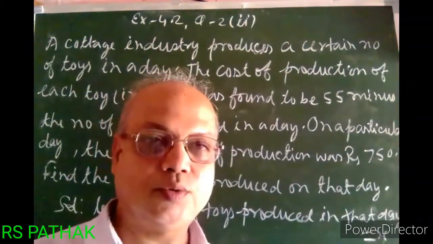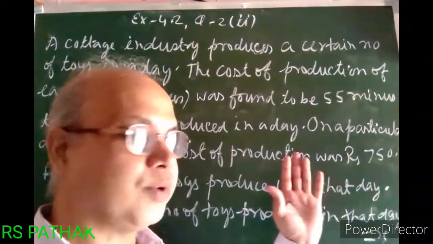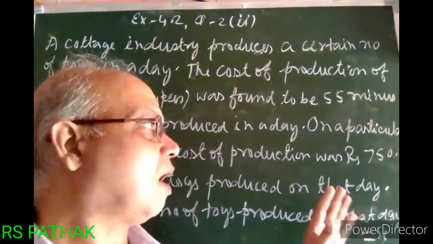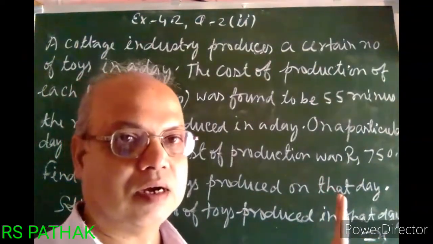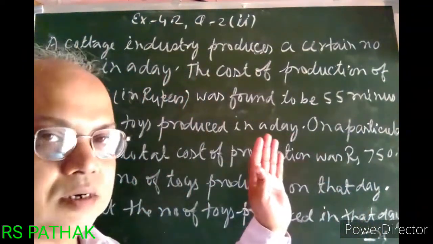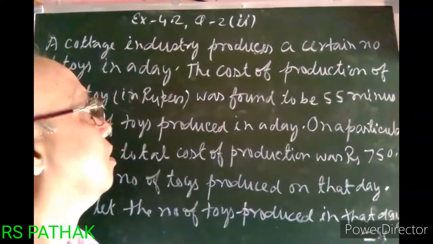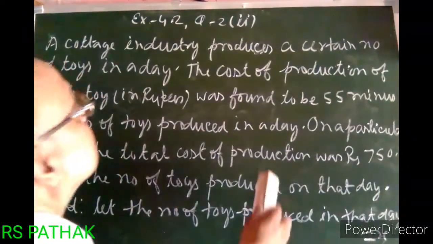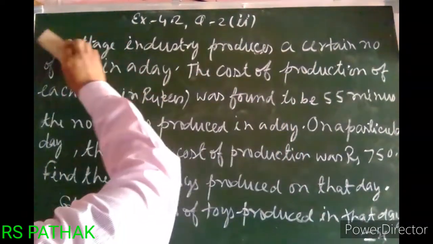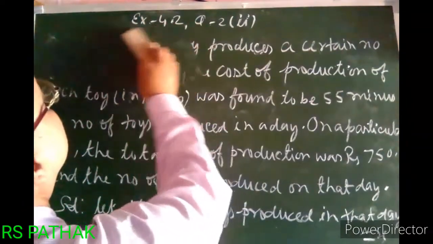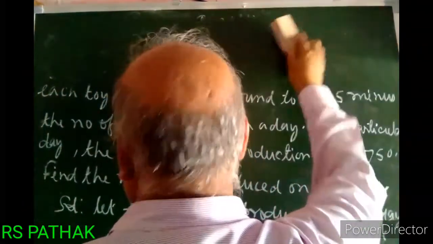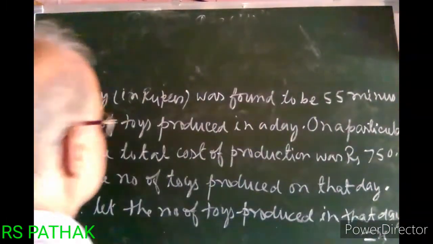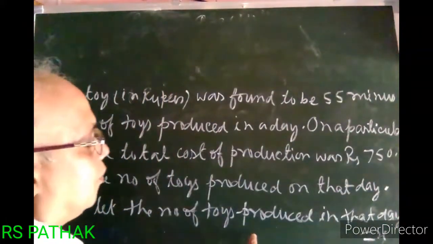Have you understood the question? Because I have to rub the board, there is no space to write. x is the number of toys produced in that day.